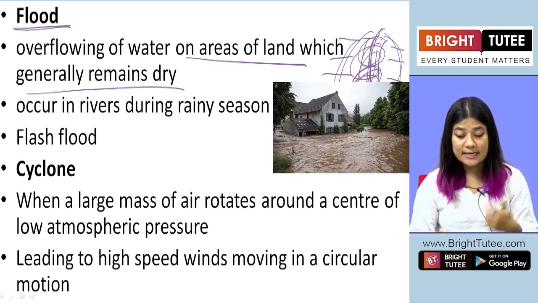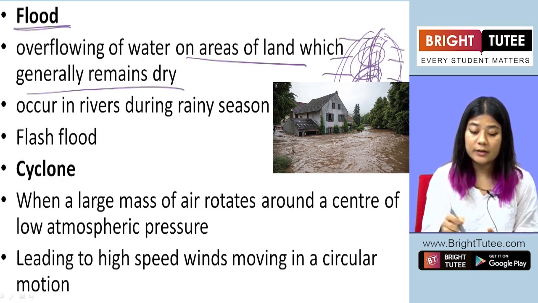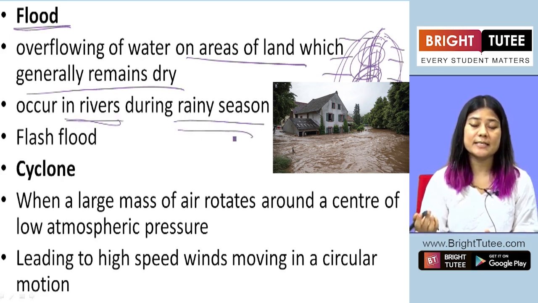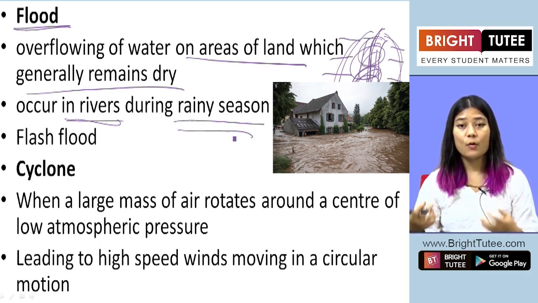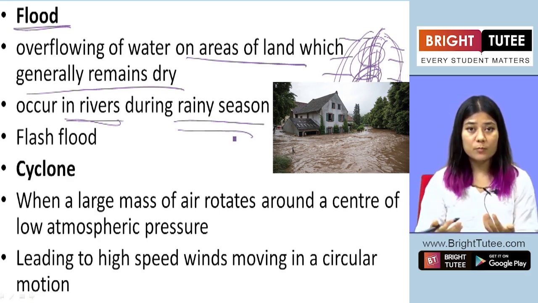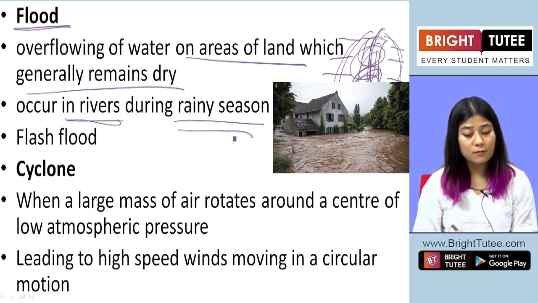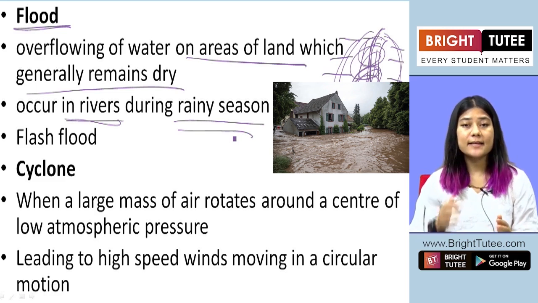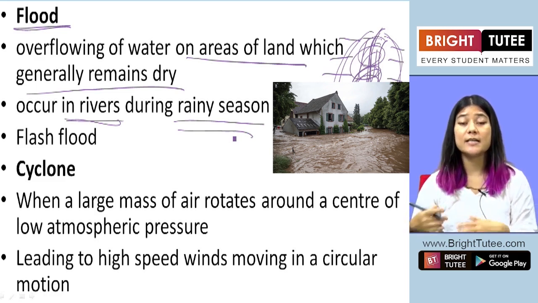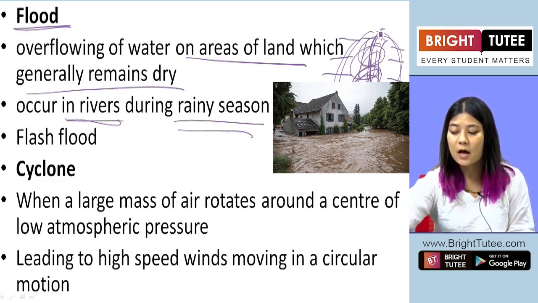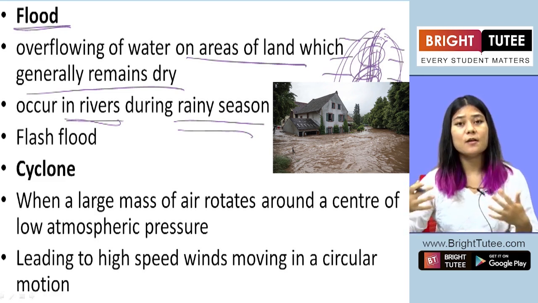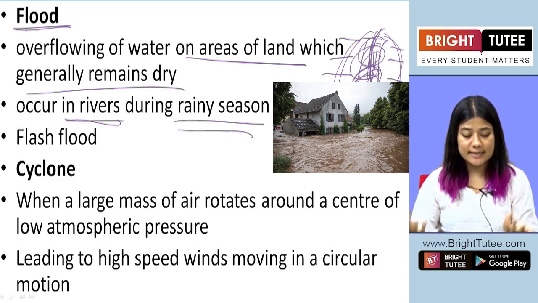These floods occur in rivers during the rainy season, mostly during the rainy season, because that's the time when the rivers and the water bodies receive plenty of water. Sometimes these floods take time to actually occur. They take a long time to accumulate the water and then for the flood to actually take place.